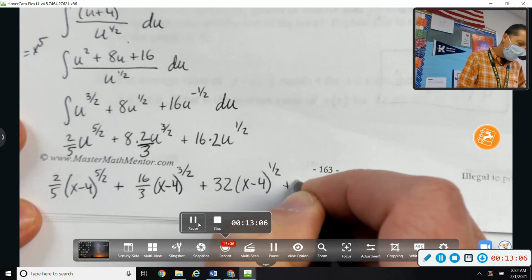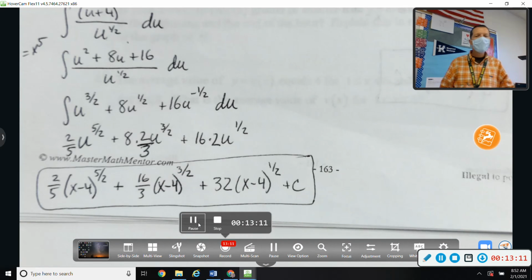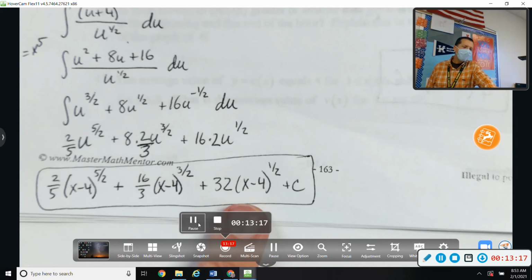And don't forget the plus c. That one we're not going to factor out x minus 4 to the 1/2, just because there's 3 terms and it would be a mess. On all the others, you factor out usually whatever u is to the 1/2, and then there's algebra to go.